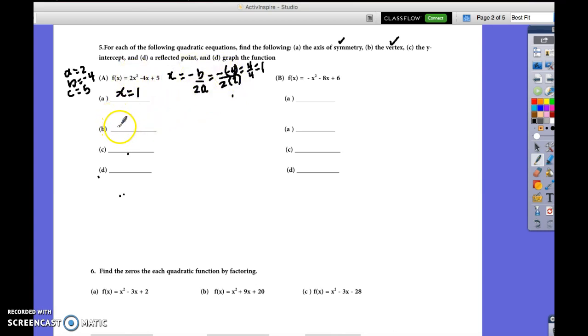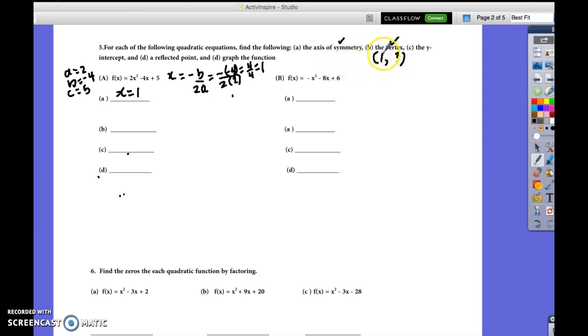Now, the vertex. Vertex is going to be more challenging to find. The vertex has 2 coordinates to it. It has an x coordinate, which I just found, and it has a y coordinate, which I will find. That's what we're going to find now.